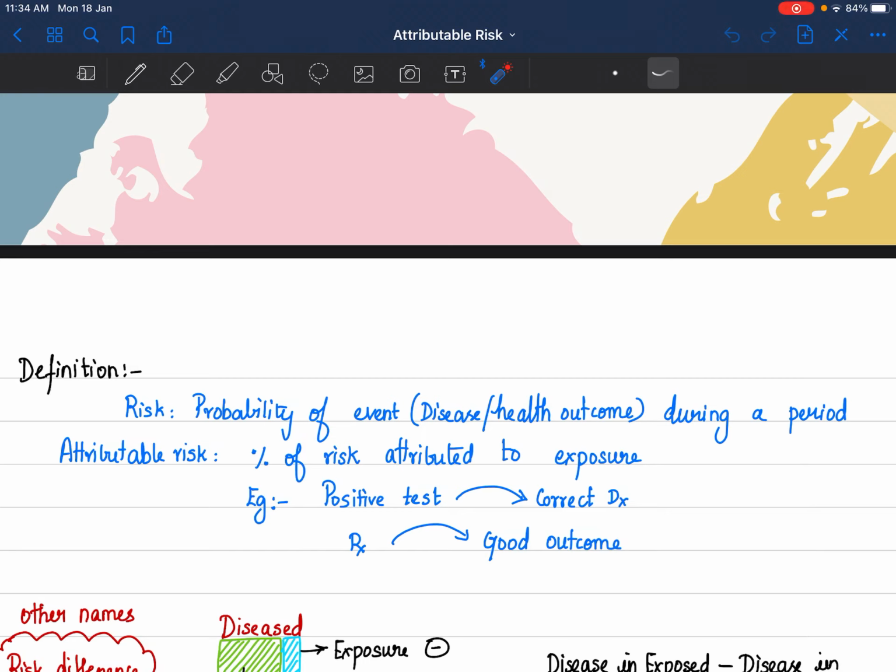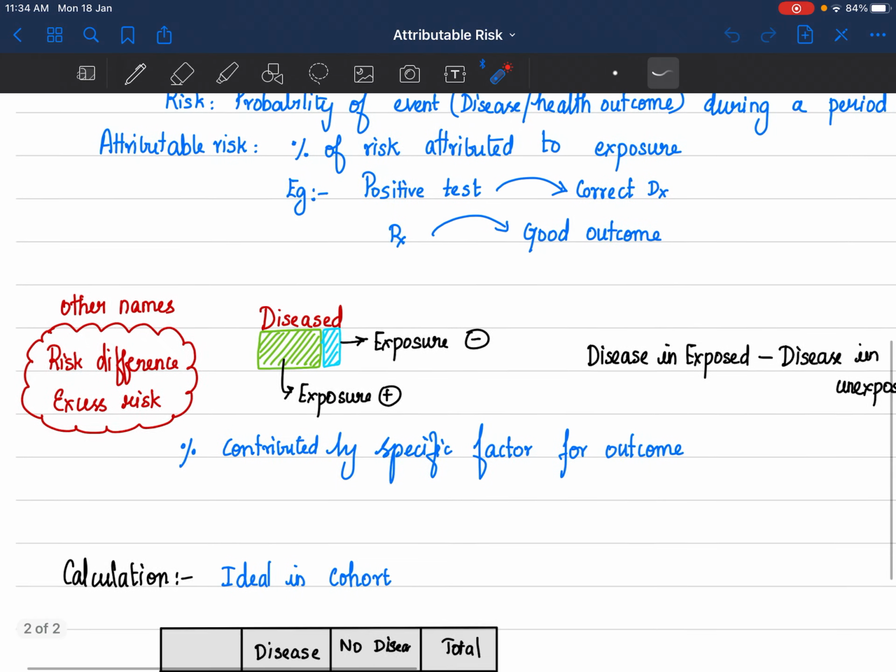It can be anything. For example, this patient has had a positive test, and what is the percentage that the patient can go on to have a correct diagnosis, or you are giving some treatment, and what is the percentage the patient has had a good outcome because of this treatment. So, that will be your attributable risk.